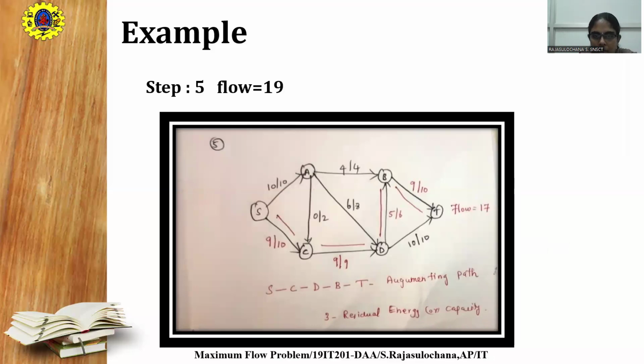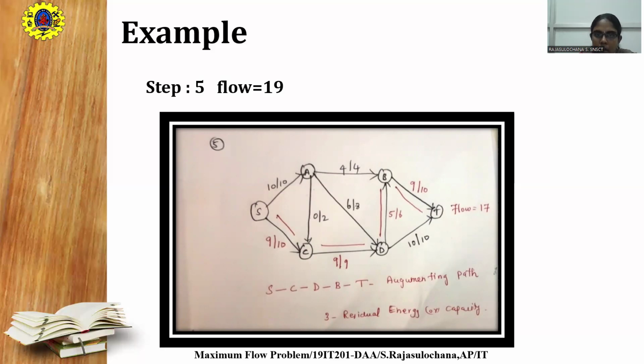So now finally choosing the augmenting path S, C, D, B, T. So here the residual capacity is 2. So I'm adding that residual capacity to the flow in the edges of the particular augmenting path, and again adding 2 to the previous maximum flow, which is 17. So final maximum flow is 19.